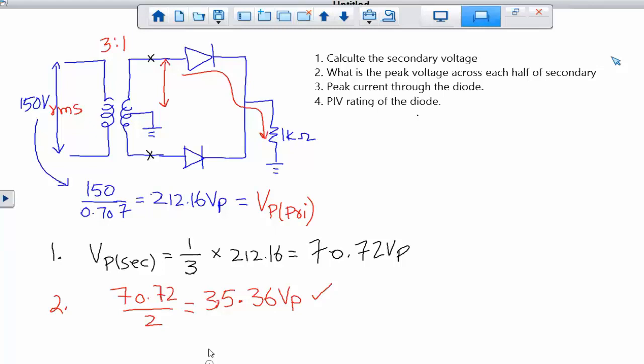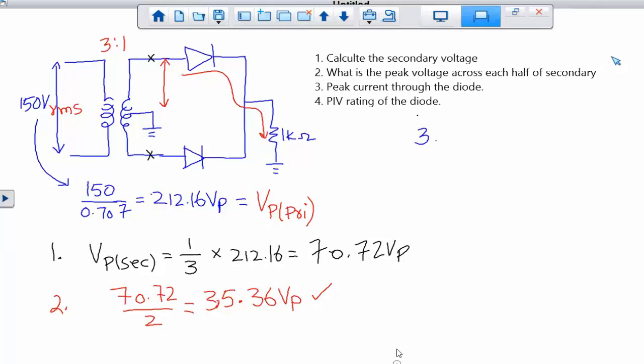You could also say it's the same current flowing through the diode, because if the diode allows the current, it will go through the resistor. So even though it's not specifically asking for the output voltage, you still have to find that output voltage, because the problem is asking for the current.